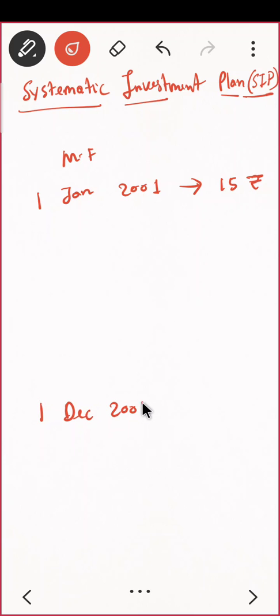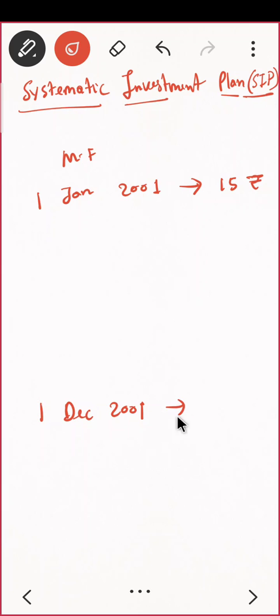First, let us understand. See, the thing is that suppose you bought a mutual fund on, say, 1st of January 2001, and the cost was 15 rupees. Your NAV was 15 rupees, correct? And you fixed it for 12 months, that is till 1st December 2001.